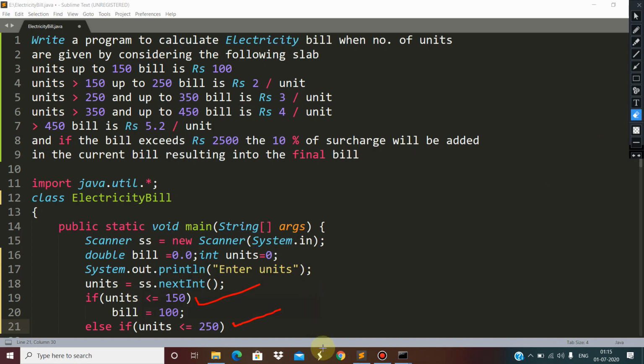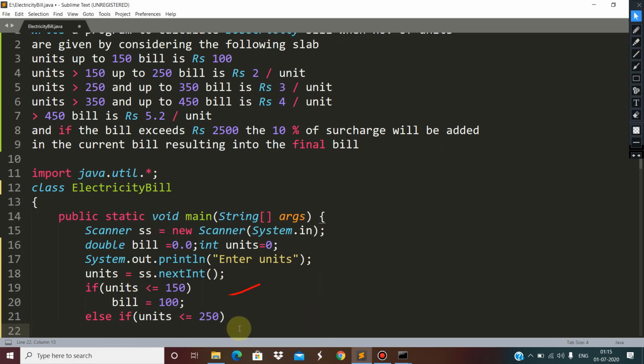So here what to do? In the second one, we have to write bill is 100 plus, and what is the remaining amount? The remaining amount is units minus 150, multiplied by the rate.